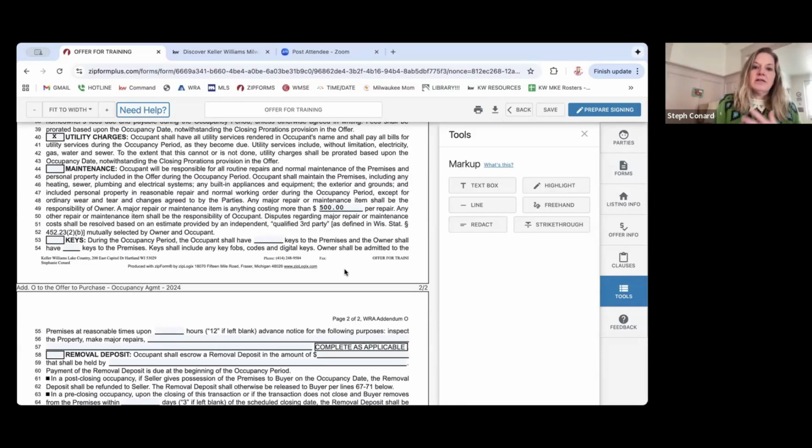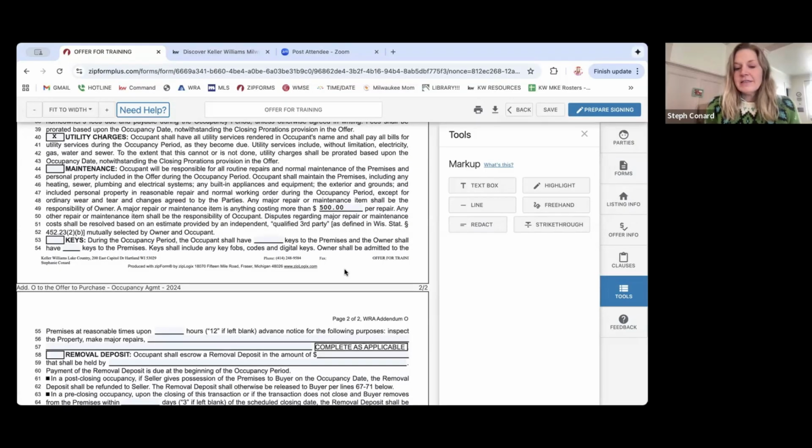Once closing happens, it's presumed that the owner is taking care of those mechanicals as they would if they lived there. The same way we don't charge our tenants for repairs that happen in a typical rental landlord situation.